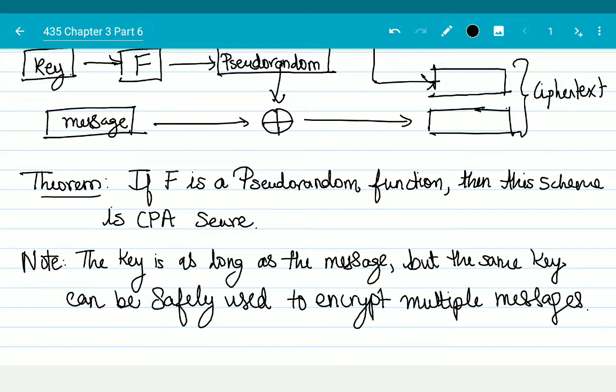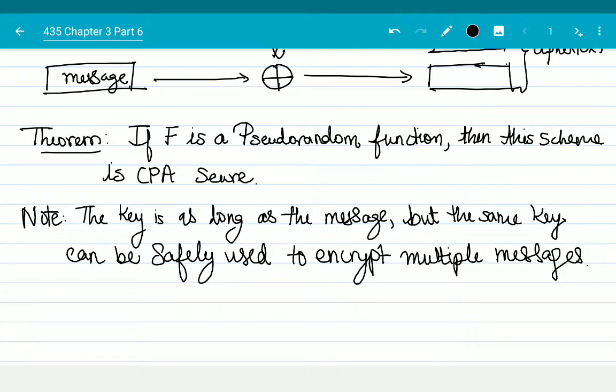In fact, what that means is if your message is not exactly length n, which is your predefined key length, you could break it into parts, each of length n, and pad it so that everything is a multiple of n, maybe with a 1 and then zeros.